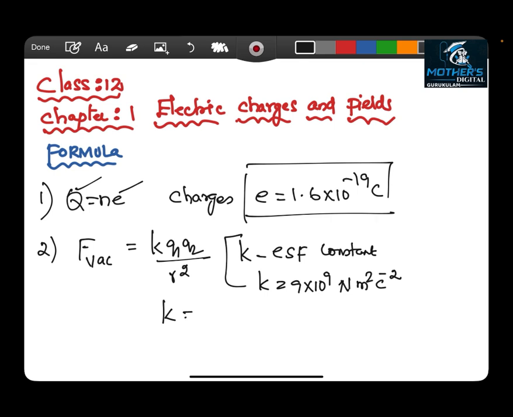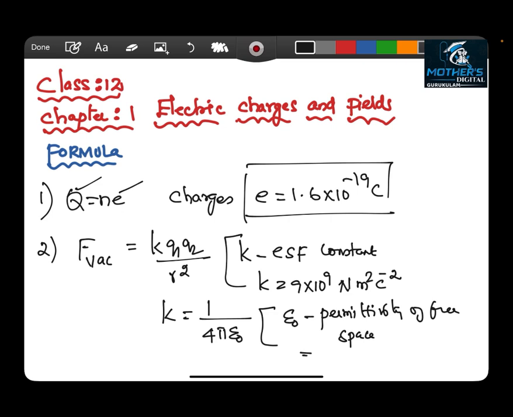K can also be written as 1 by 4 pi epsilon naught. Here, epsilon naught is the permittivity of free space, whose value is 8.85 into 10 power minus 12 Newton power minus 1 M power minus 2 C power plus 2. And you people have to remember these two constants.